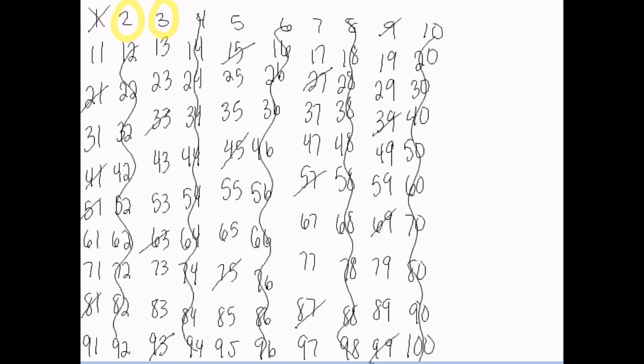I got rid of all the multiples of 3. Those numbers are not prime. The next prime number is 5. So I get rid of all the multiples of 5.